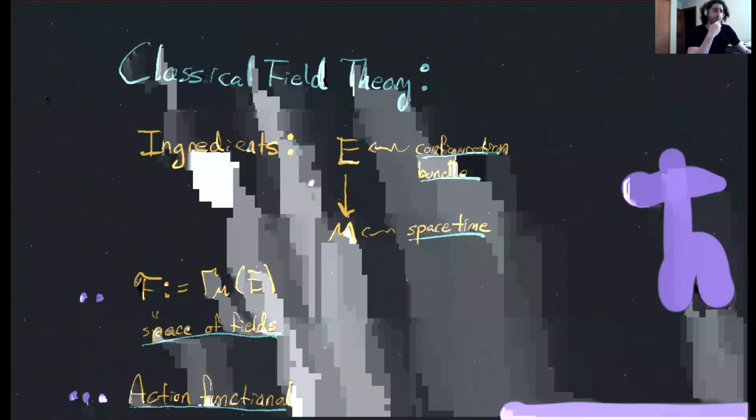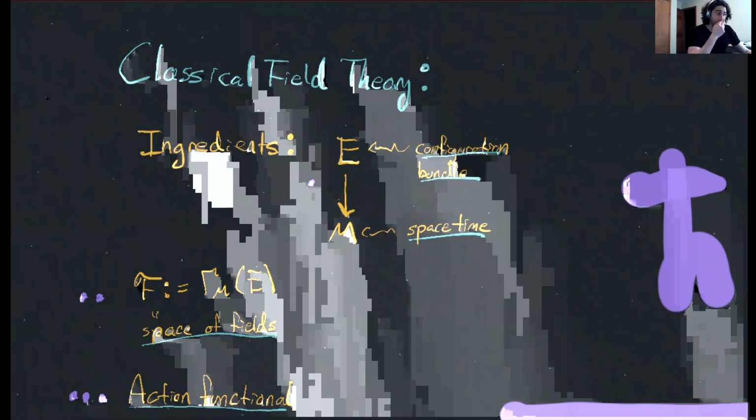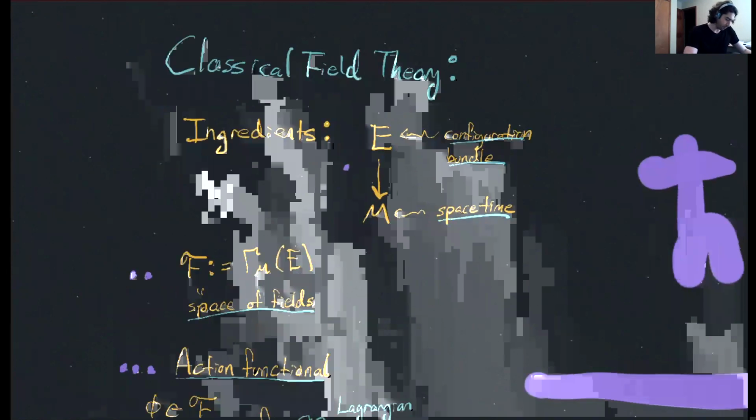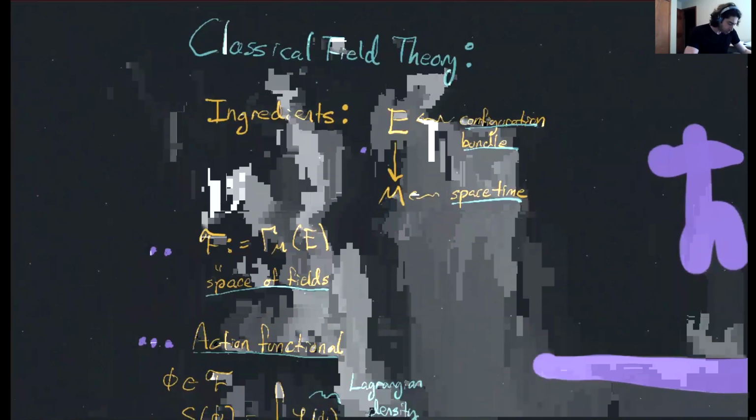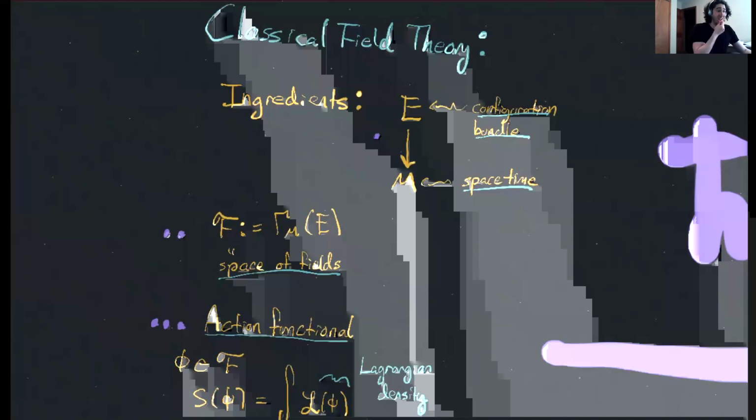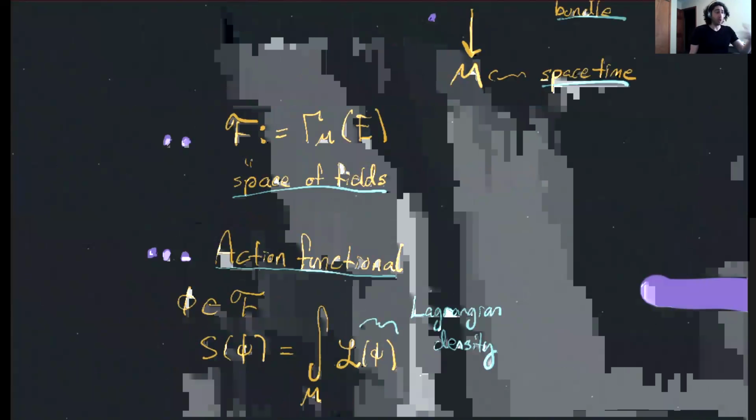So we have space-time, and some sort of bundle over space-time, and sections of that bundle are the space of fields. Space-time is just a name if you're thinking mathematically, but in actual physics you can take this to be R^4 with a Lorentzian metric, if you're in non-curved space-time. And we have an action functional. So we have a function on the space of fields, but the function takes values in densities on the manifold.